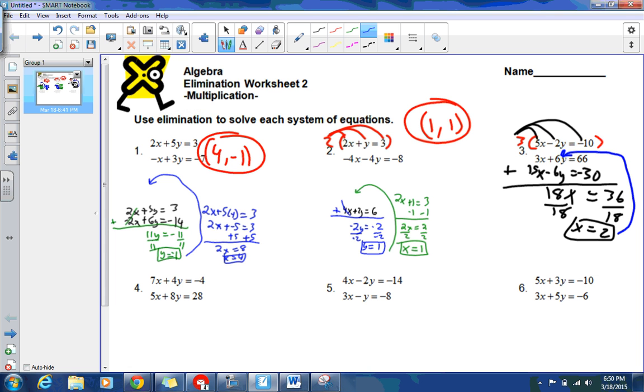You get 3x plus 6 times 2, which is 12, equals 66. You can subtract 12 from both sides if I'm doing this all correctly. You get 3x equals 54.